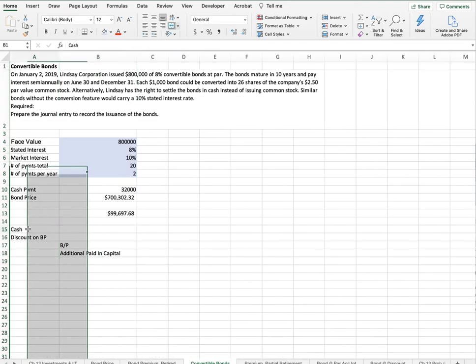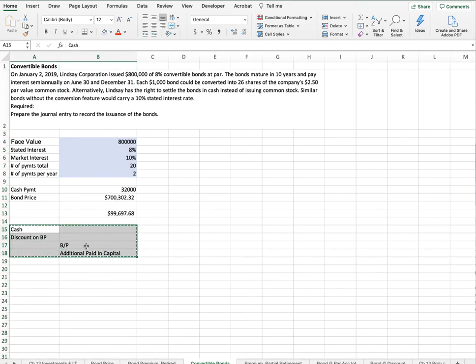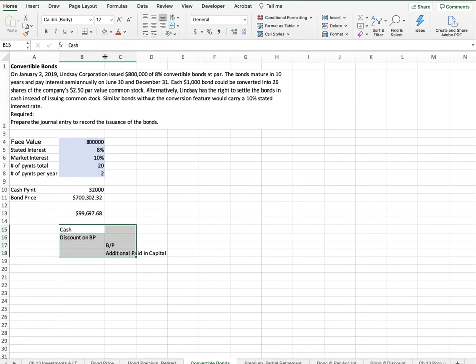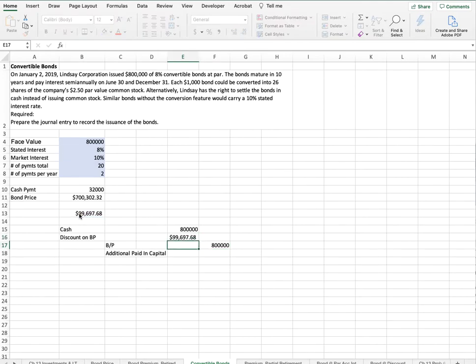And I'm actually going to move these. So our cash is equal to the face value, and our bonds payable is equal to that face value. Our discount on the bonds payable is equal to this difference that we calculated, and our additional paid-in capital is the same.